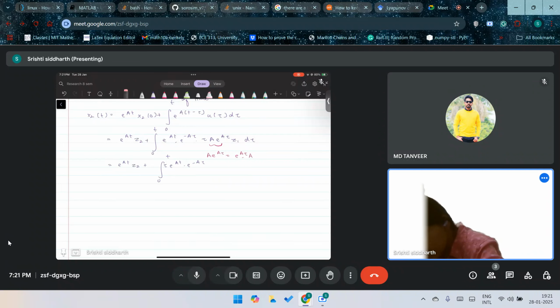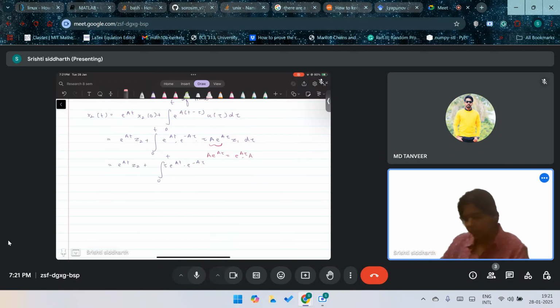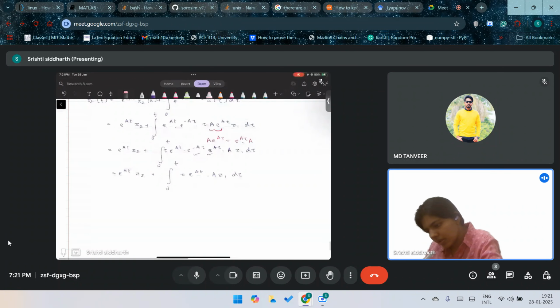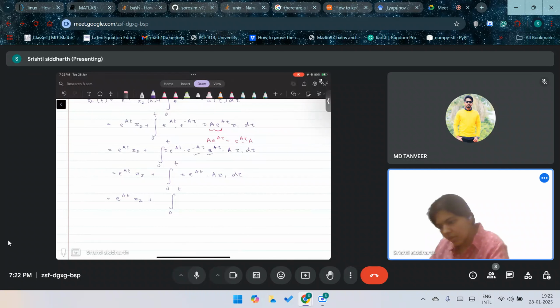These get cancelled and we have tau A z1 d tau. So it is e to the power At z2 plus the integral from 0 to t of tau A z1 d tau. Let's check if this is correct first.